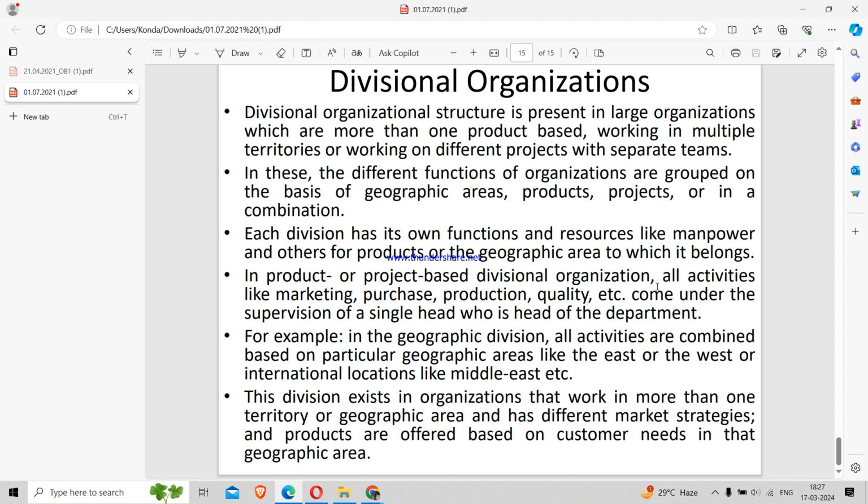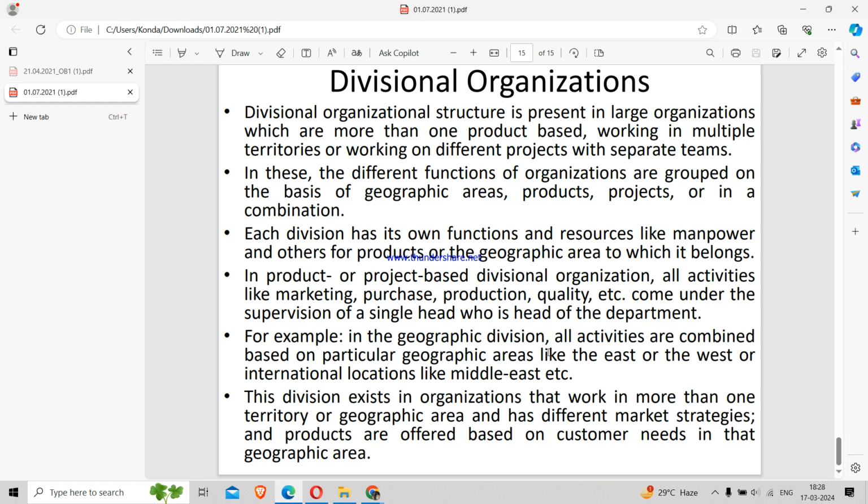This division exists in organizations that work in more than one territory or geographic area. Of course, as I've told you, this organization structure works in different geographic areas, and based on that, various strategies are taken so that you can get the most productivity out of this particular organizational structure.